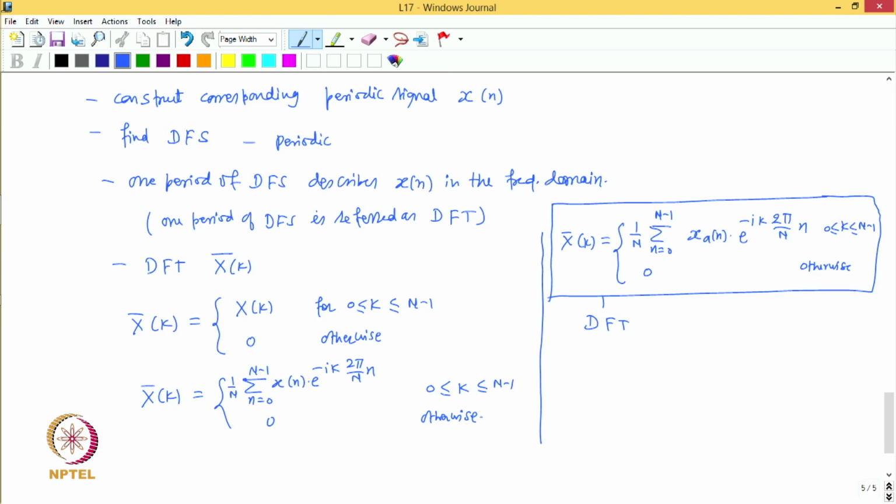And now we should note that here the DFT is now discrete, it is not continuous, it is discrete and it is finite, correct. So while the DTFT was continuous and the DFS was periodic, extending from minus infinity to plus infinity, the DFT is not only discrete but it is also finite.